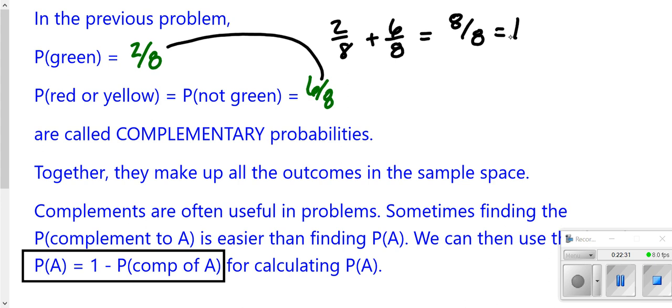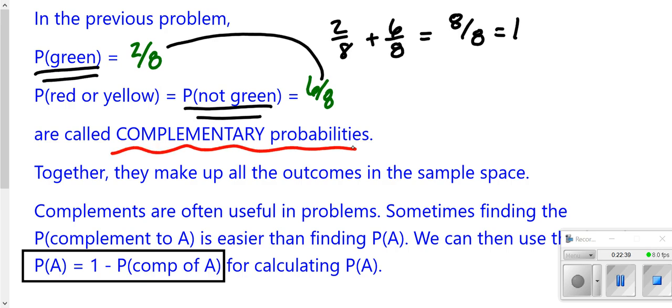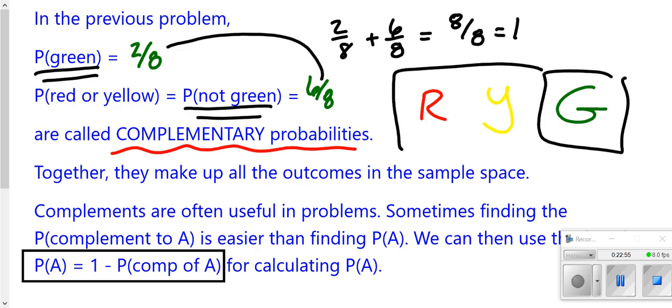So either my marble was green or my marble would be not green. Green and not green are what we would call complementary probabilities. Together they add up to 100%. They cover all of the outcomes in the sample space because my colors were either red or yellow or green. And so if I say green and I say not green, that covers everything. There isn't some other secret 4th option, right? Green and not green are it.